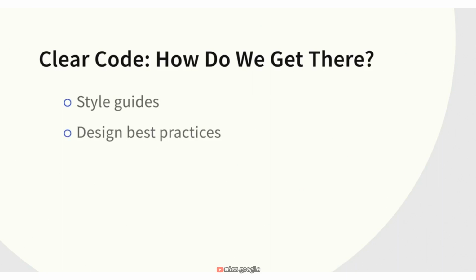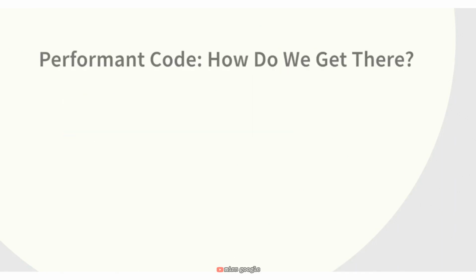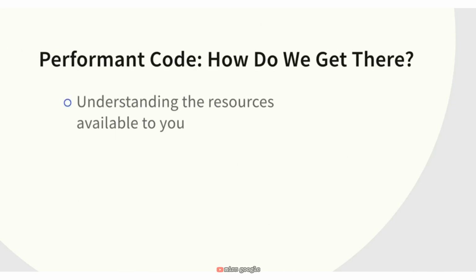Design best practices are also very crucial, but that is a more advanced topic than what we'll cover in this course. Finally, what about performance? Overall, this is a bit of a more advanced topic, as it involves really understanding the resources available to you and your machine and learning how to benchmark, so we will not go in depth into performance this chapter.